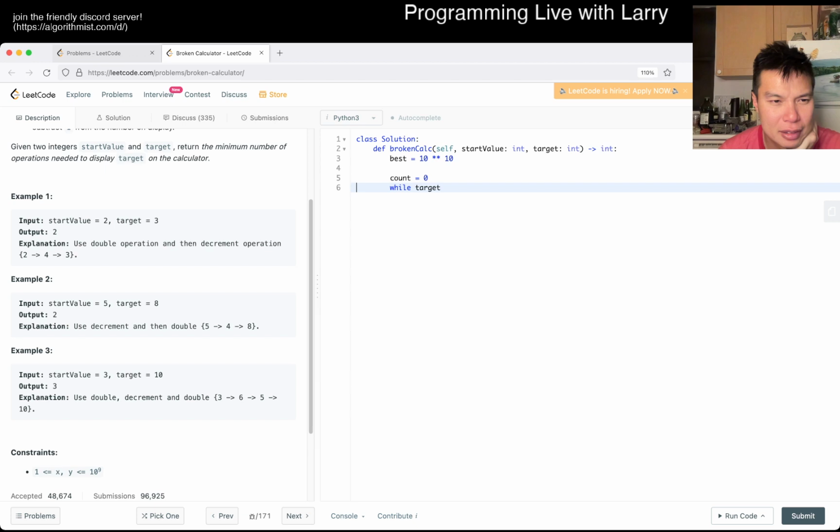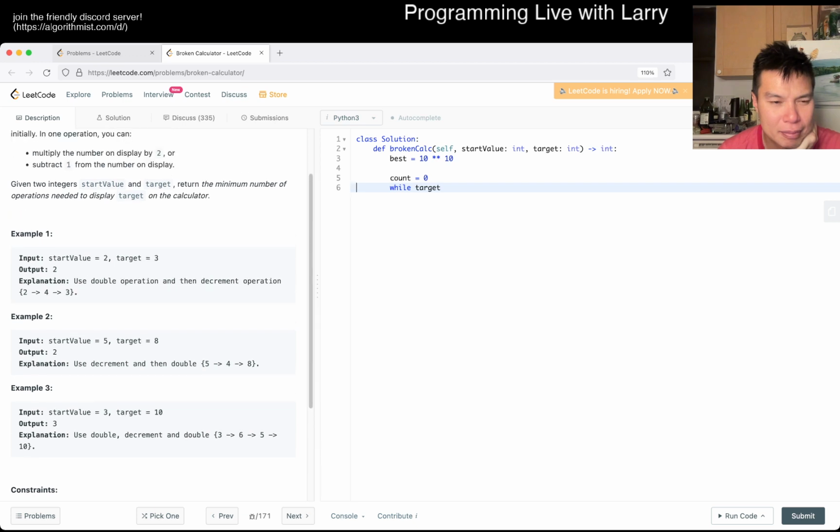Hang on. Well, because you can't get to target without doubling and then subtracting, right? So yeah.